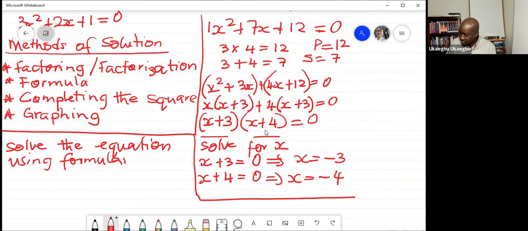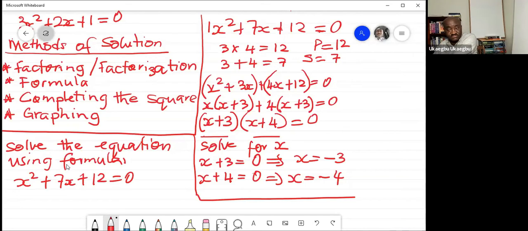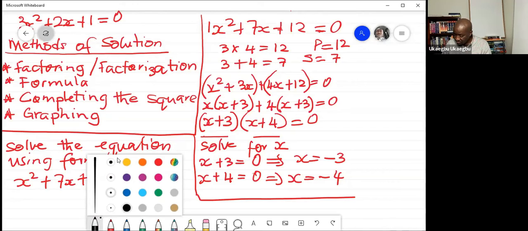Okay, so the equation is x squared plus 7x plus 12 equal to 0. So now the question becomes, you see, it's telling us a specific method that we have to use in order to solve the equation. And it says solve using formula.